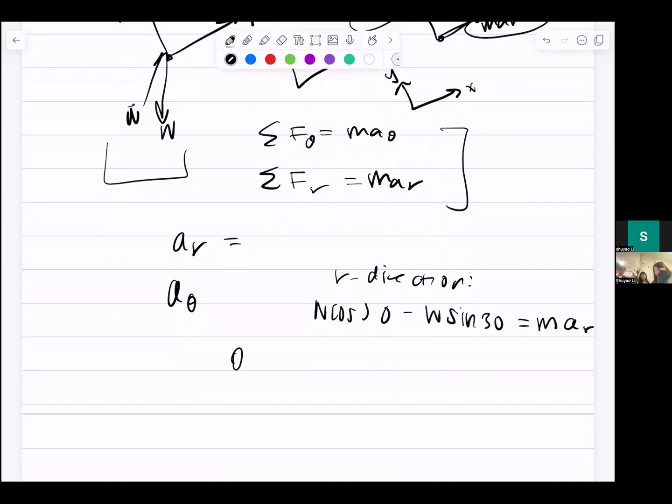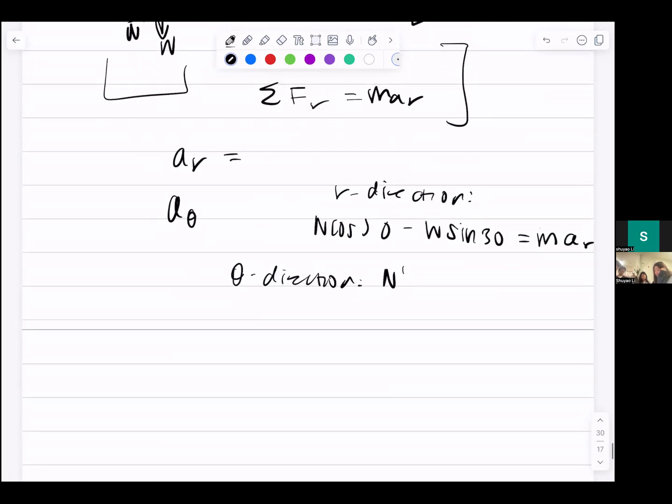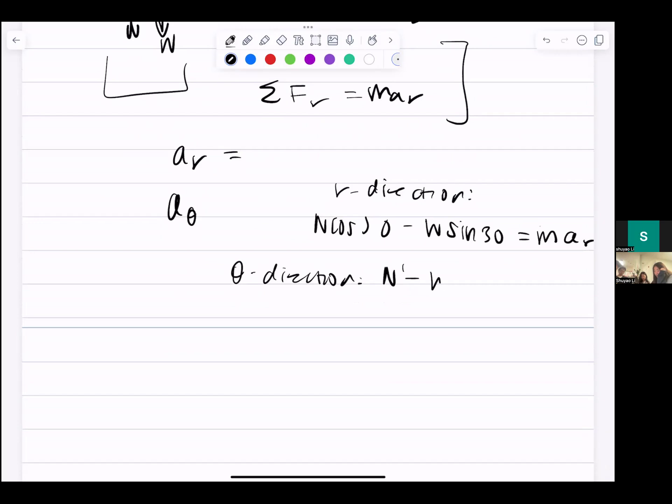And now for the theta direction, because we already defined our coordinates up here, we stay consistent. Minus weight cosine 30, always staying consistent, equals mass times acceleration.